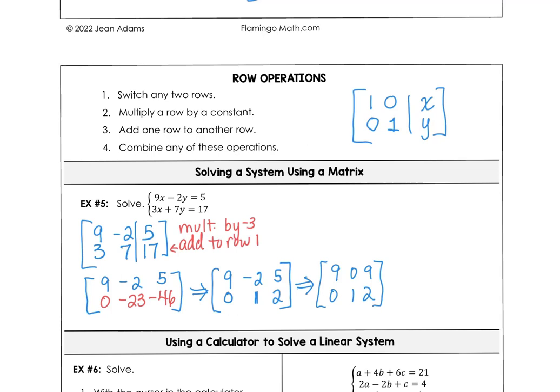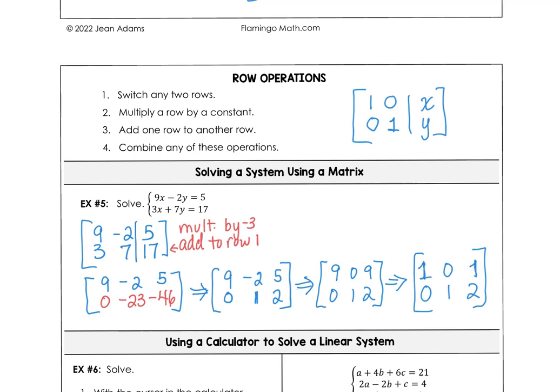Now, the final thing I want to do is divide row 1 by 9. So 1, 0, 1, and 0, 1, 2 gives me the reduced row echelon form.